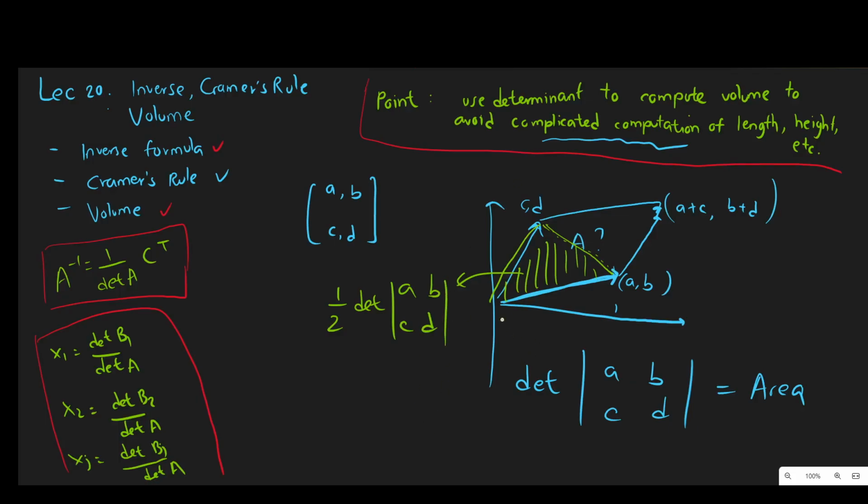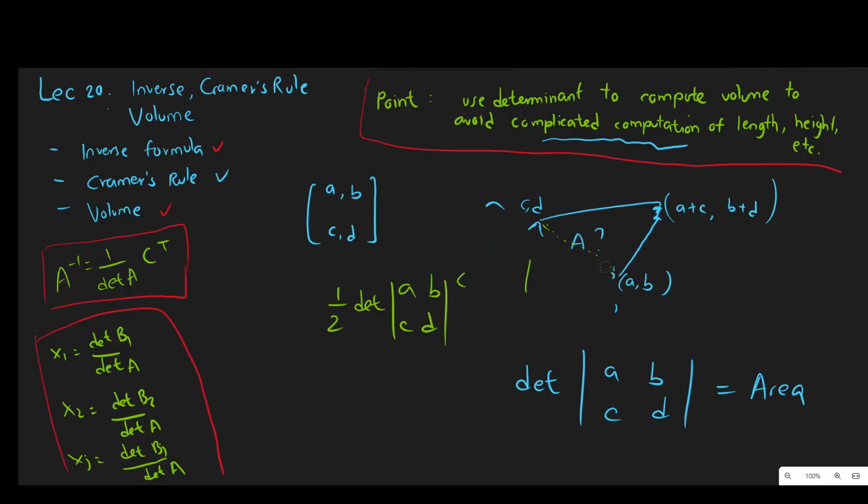Okay, but this only works if you start from the origin. So what happens if you are asked about a triangle that does not start at the origin, and you are only given 3 different points, with xy coordinates?